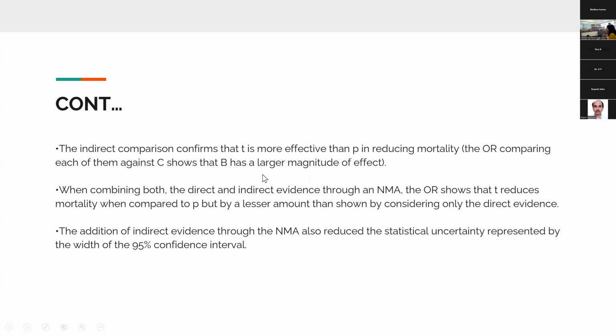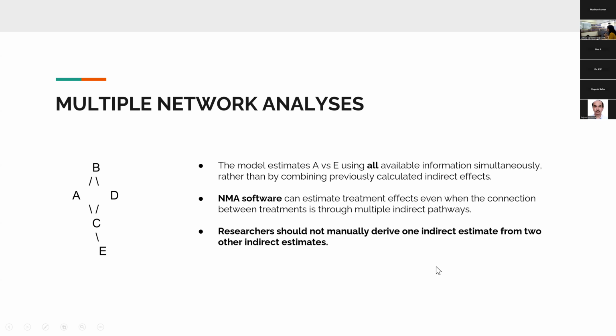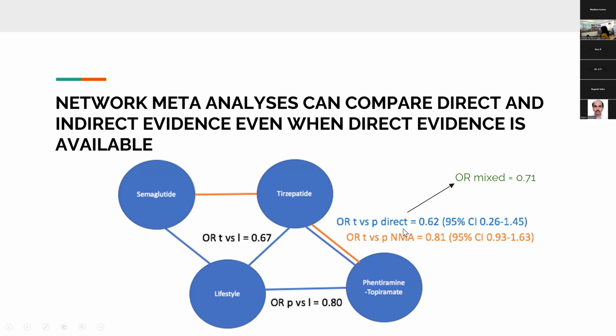Now, in our comparison that we took earlier, the odds ratio from the direct meta-analysis represented by blue is 0.67, the indirect was 0.81, and the mixed OR comes to be 0.71.